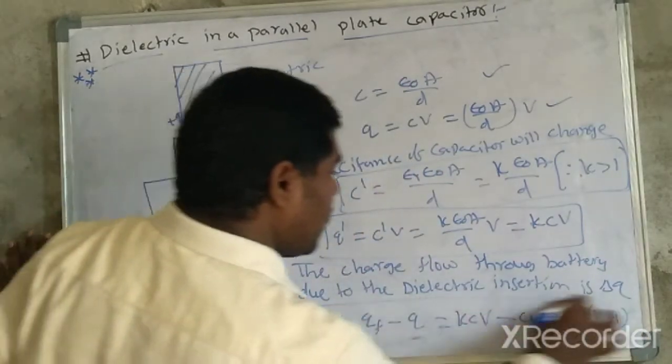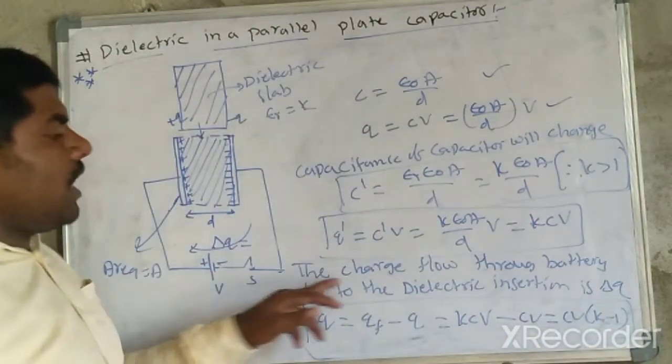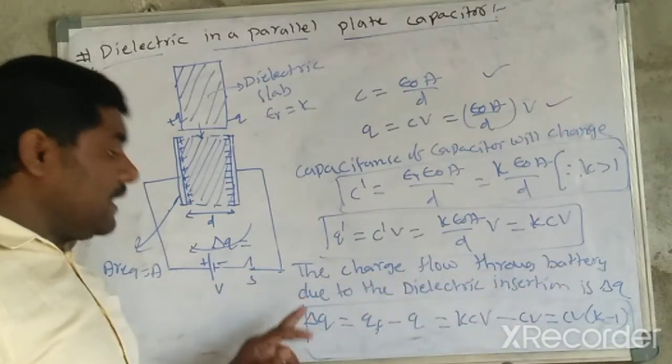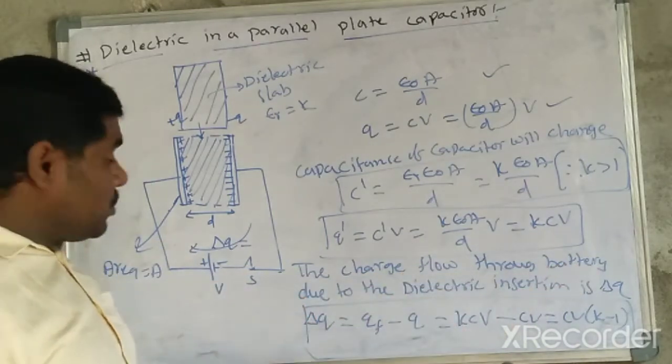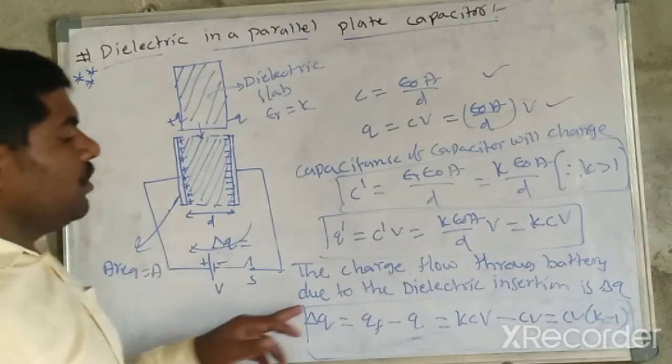So this is the charge flow through the battery, delta Q, due to the dielectric insertion.